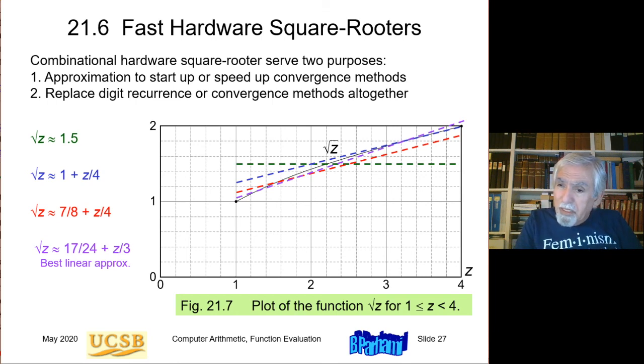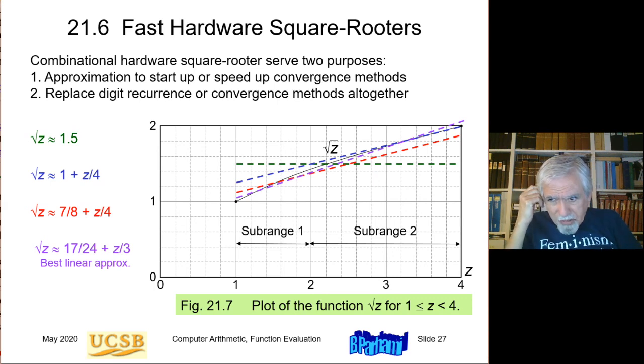And of course, here we are basically approximating Z with different linear functions with different error characteristics. We can also approximate Z not with a single linear function, but with multiple linear functions in different subranges.